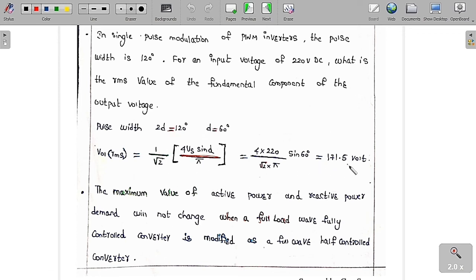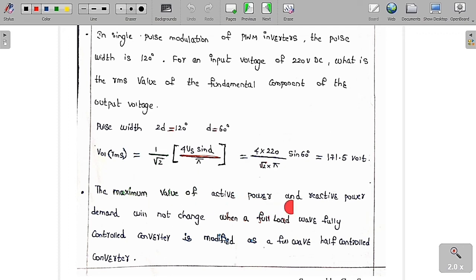So we are going to get this value, which is 171.5 volt. Therefore, the output voltage general expression is the sum of 4 Vs by n pi into sin n gamma into sin n D by capital N into sin n omega naught t.